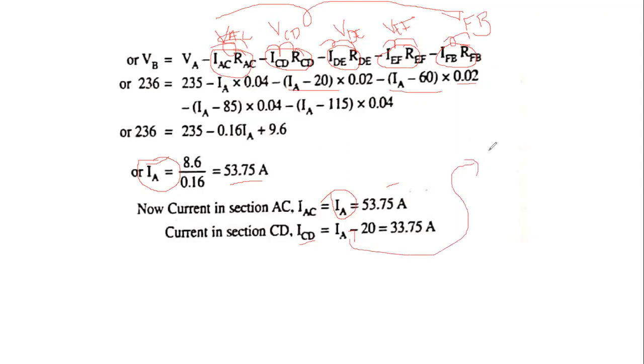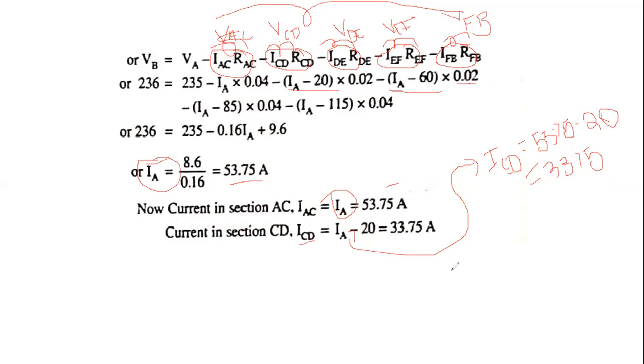Therefore ICD, the current at the section C to D, is equal to 53.75 minus 20, which is 33.75. This is the current at the C to D section.